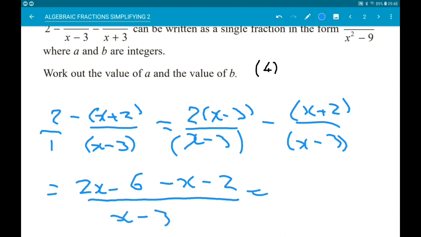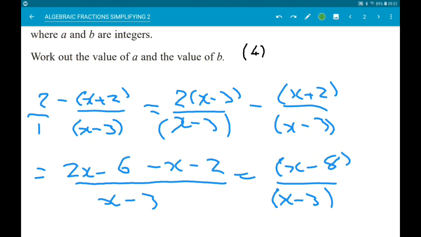Now up on top we have x minus 8 over x minus 3. So that's the first two terms combined.